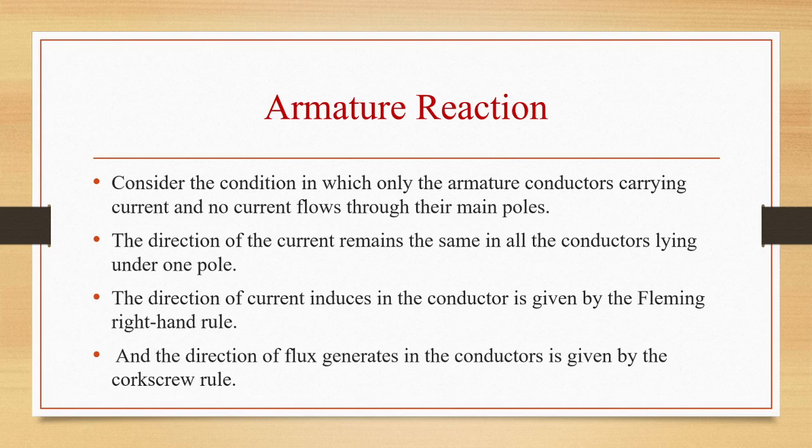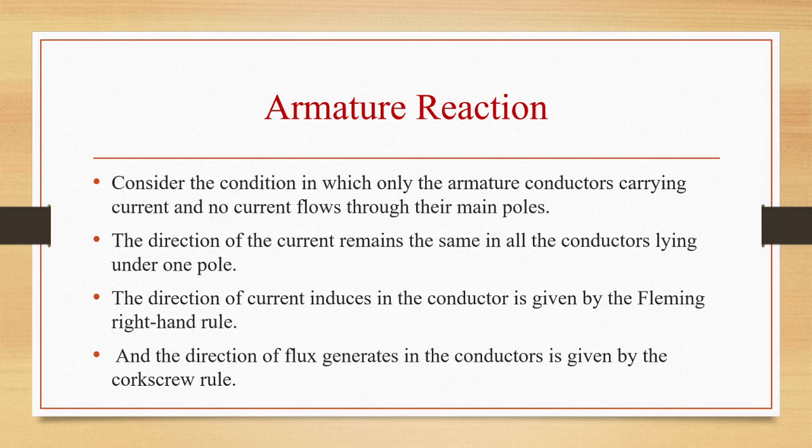Now let us consider a condition in which only the armature conductors carry current and no current flows through the main poles. The direction of the current will remain the same in all the conductors lying under one pole. The direction of the current induced in the conductor is given by Fleming's right hand rule. As I said earlier when we were discussing the first unit, what is Fleming's right hand rule?